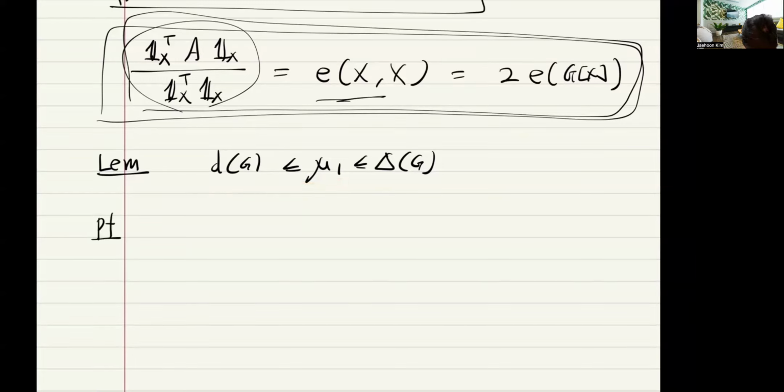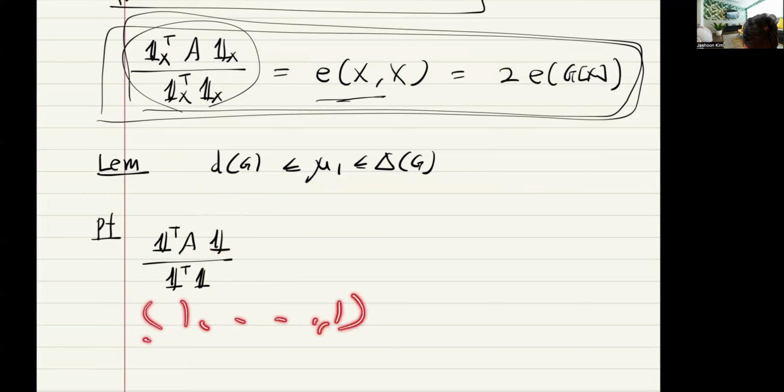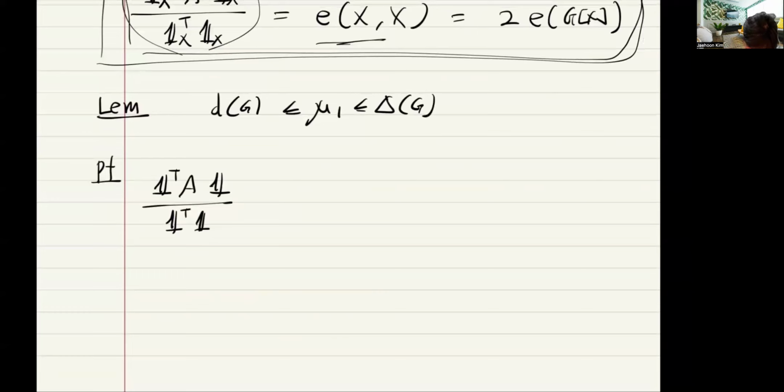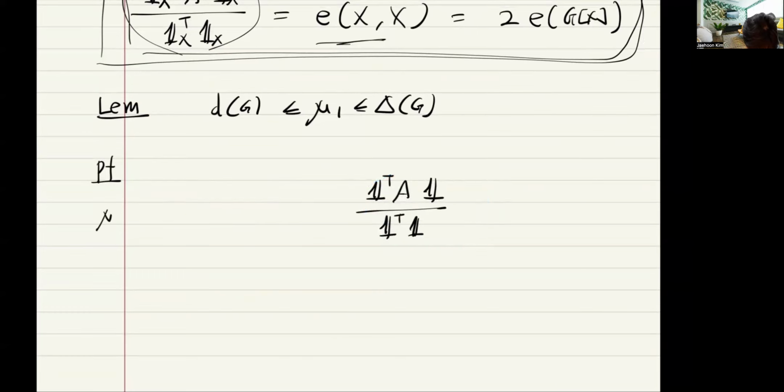The lower bound is easy. Both are not difficult, but the lower bound follows from the Rayleigh quotient. So what do we get if we take the Rayleigh quotient for the all-one vector? This vector is the characteristic vector for the entire vertex set. The Courant-Fischer theorem says that out of all vectors, you take the maximum of this, then you get mu1. But this is one specific choice.